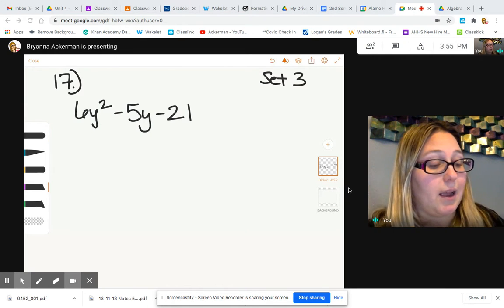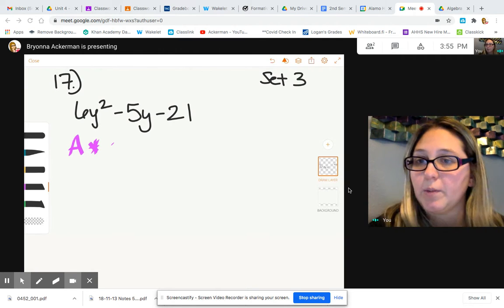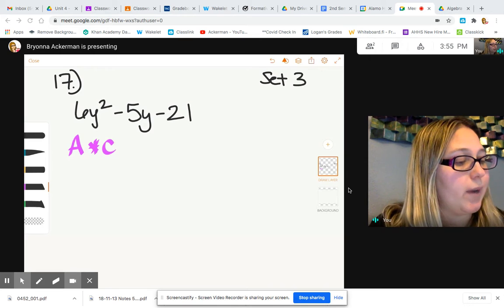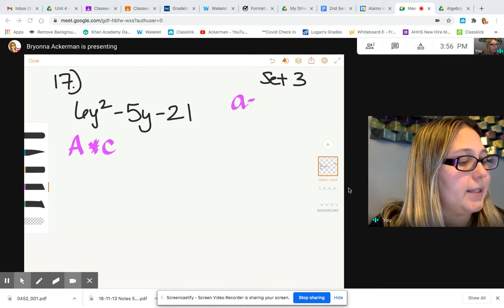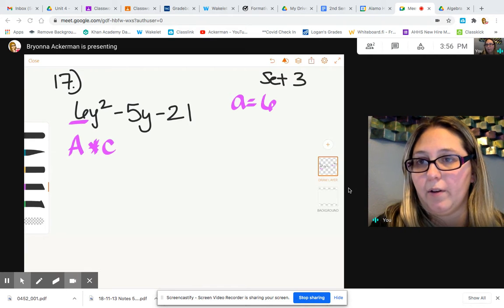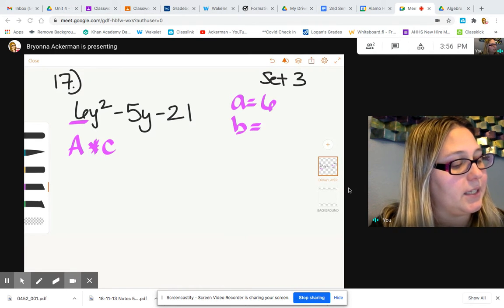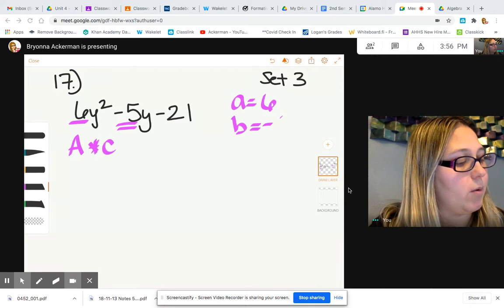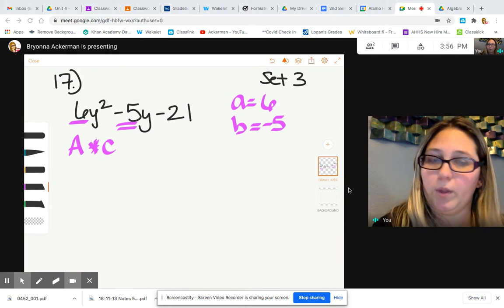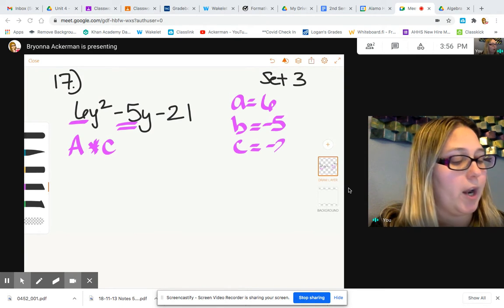The next step is A times C, and we call this the AC method. So let's write down our A, B, and C. A in this case is 6, always the number in front of the squared variable. B in this case is -5, always the one in front of just the variable with a 1 exponent. And C is always your constant, so in this example it's -21.